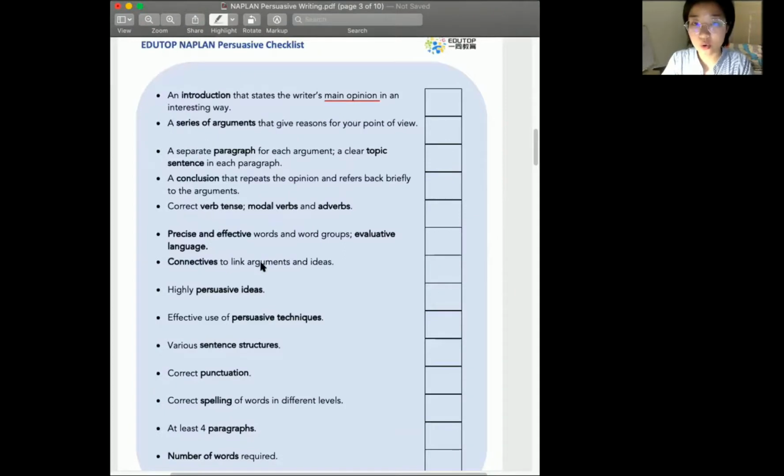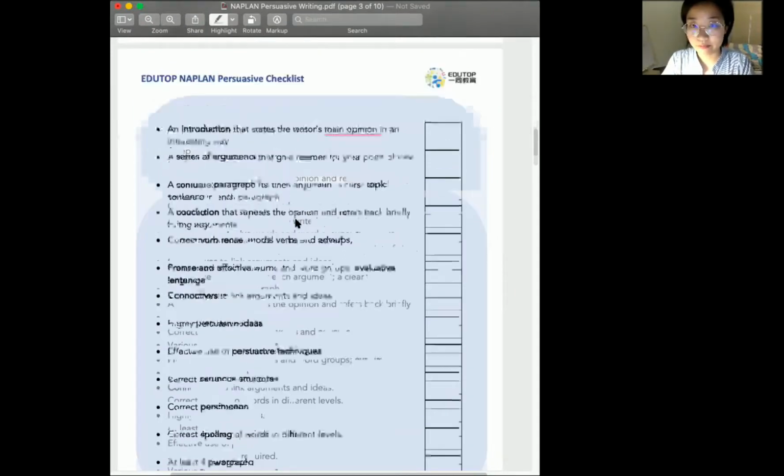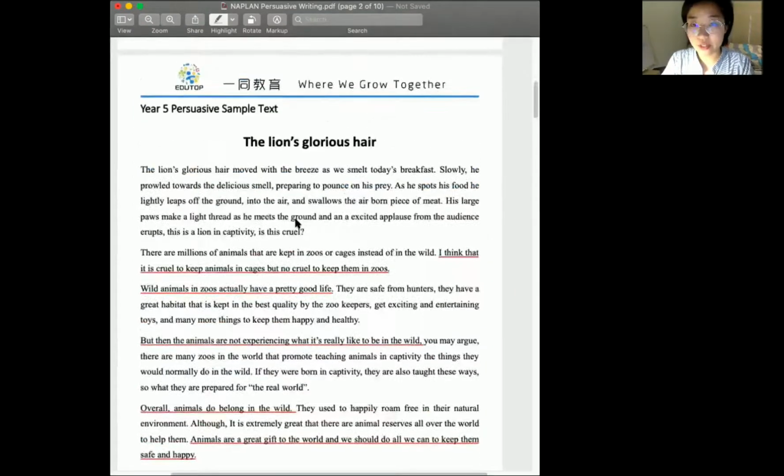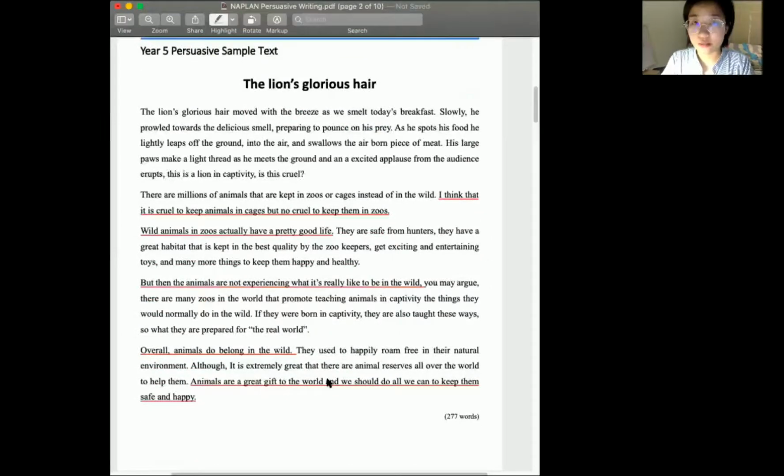They are all called modal verbs. Modal verbs are very, very useful, especially in persuasive writing. Let's look at this person. Does he have modal verbs used? Actually, in the conclusion part, I will highlight it in, how about in blue?